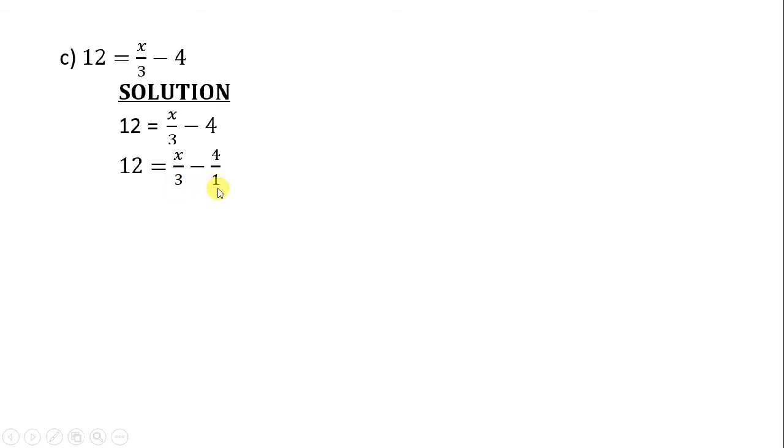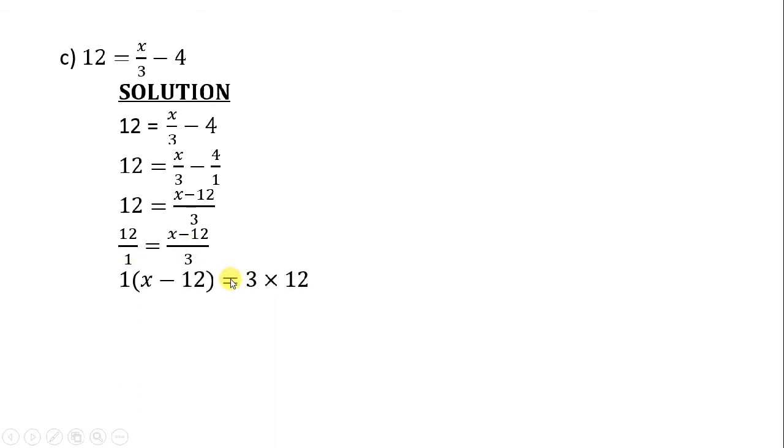We have two denominators, 3 and 1. What is our common denominator? 3. So 3 into 3, 1, 1 times the numerator x gives x. 1 into 3, 3, and 3 times that numerator 4 gives us 12. We express this 12 as a common fraction by putting a denominator 1.